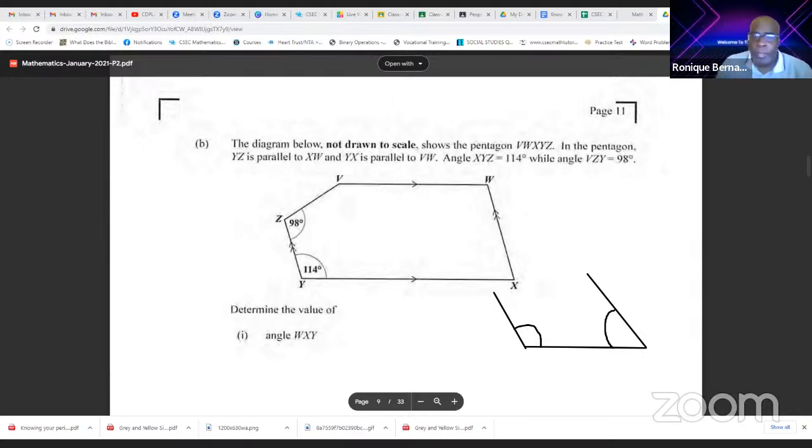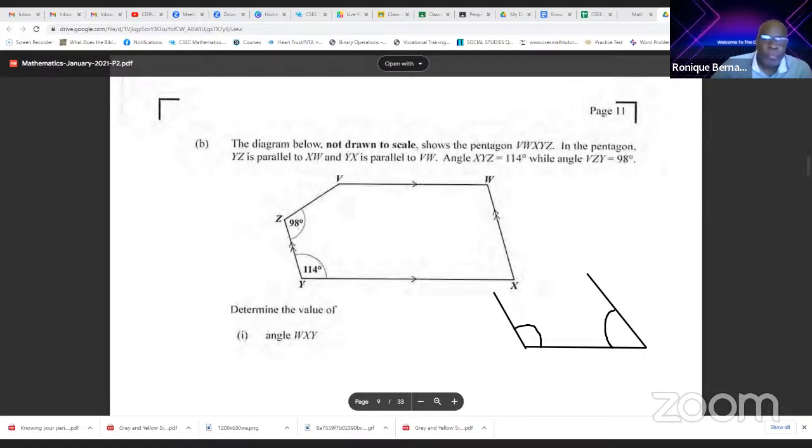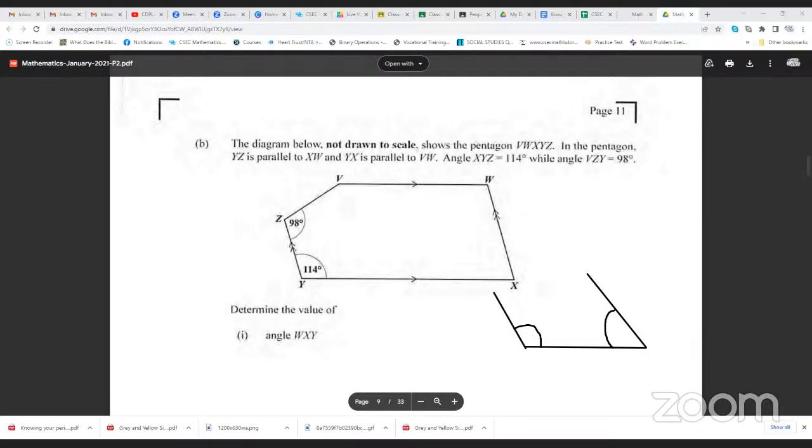Finished measuring it, Miss Miller? No, sir. Okay. Alex, what about you? Narja? Yes, sir, I'm finished. You measured the angles too?